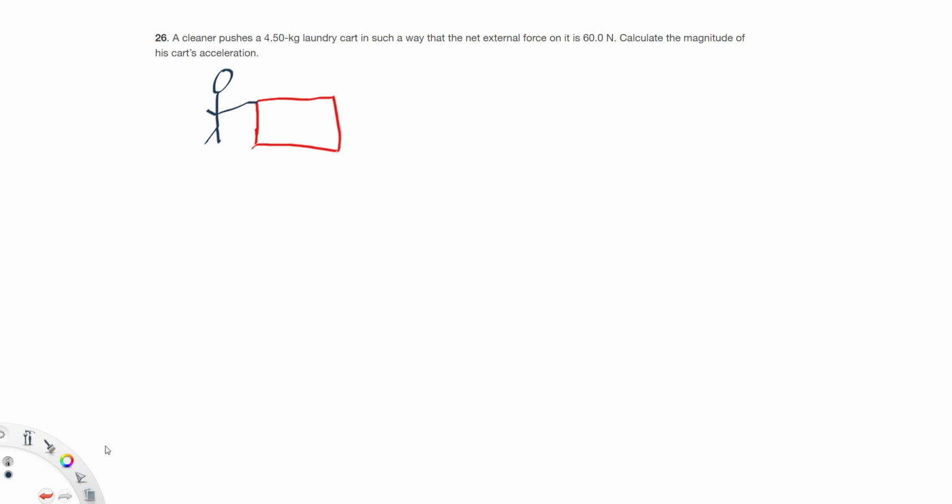So there is going to be a force on the object to the right. And real quick while we're here, specify our coordinates. Is this the only force on the cart?